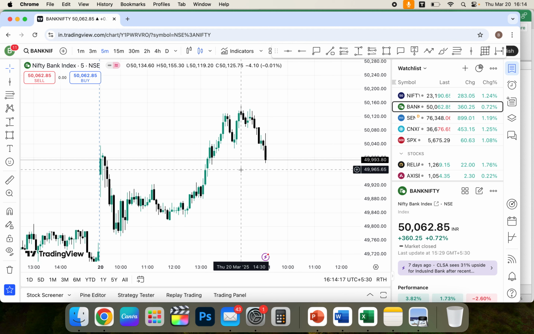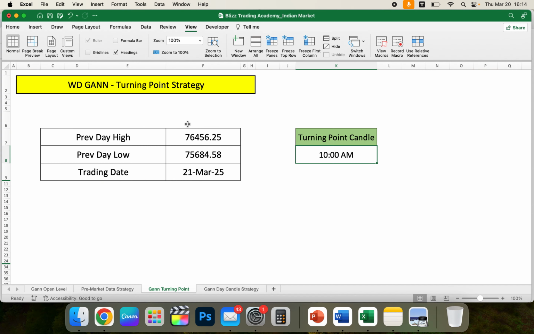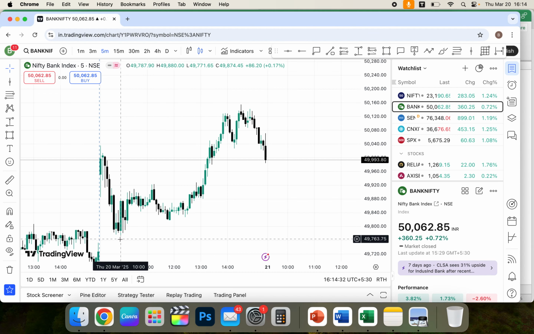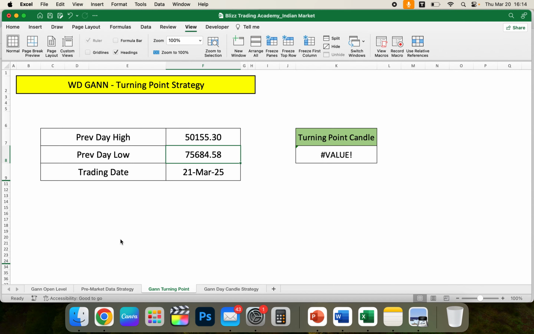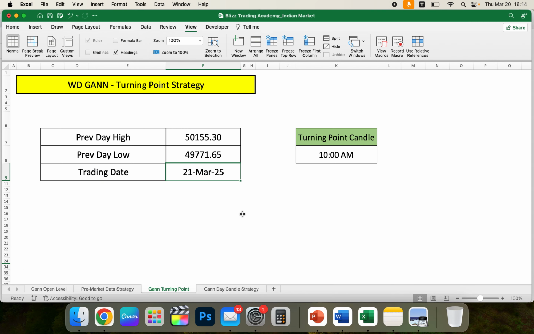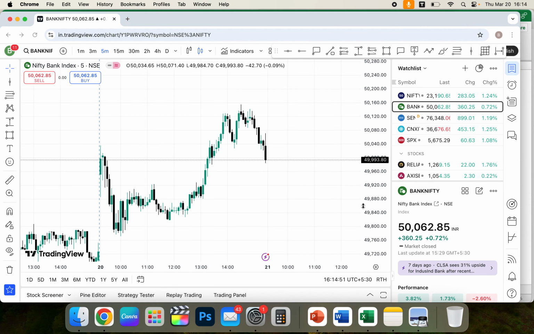The high of the day is 51,553.0, and the low is 49,771.65. Next trading date is 21st of March. That's great. Even for Bank Nifty, it's going to be the 10 a.m. candle.